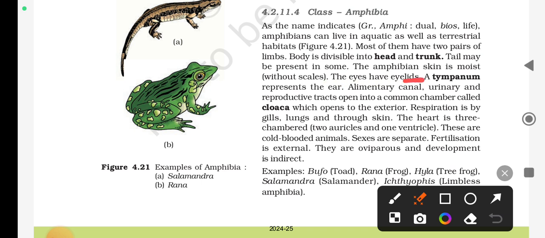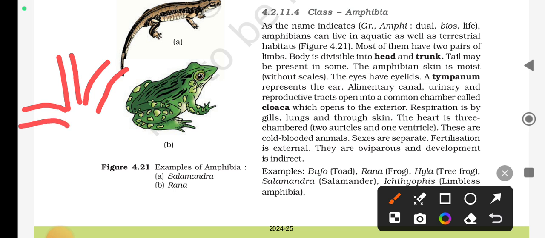They have eyelids. The next point: the tympanum membrane represents the ear. Tympanum membrane is the eardrum. Pinna is not present, but the eardrum is present. The alimentary canal, urinary and reproductive tracts open into a common chamber, which is the cloaca. Students, listen, what is cloaca? They have an alimentary canal, a reproductive tract and a urinary bladder.